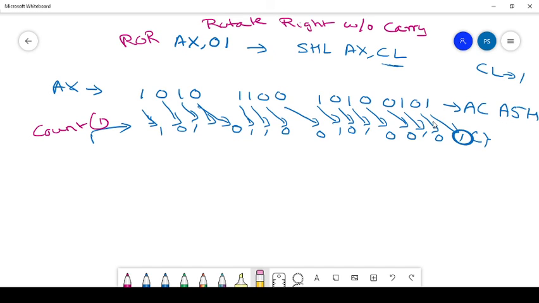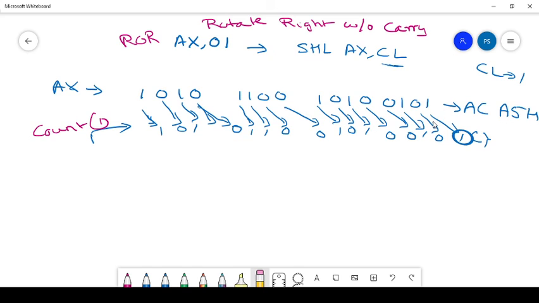So this MSB goes to the carry flag, that becomes 0, and this 1 will be moved to here, and this 1 0 1, this is moved. In a similar way 0 0 0 1, this one comes here, 1 0 1 0, this becomes 1.